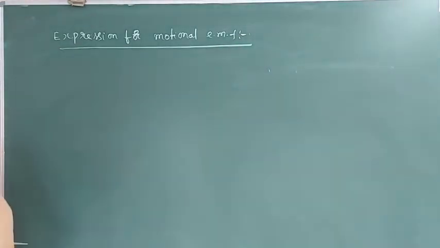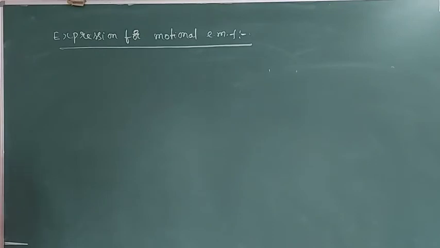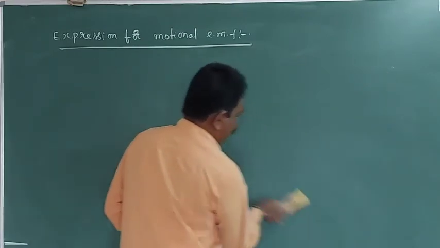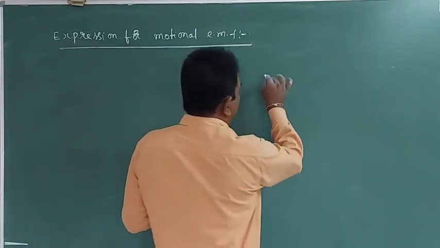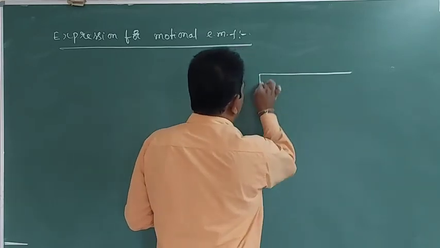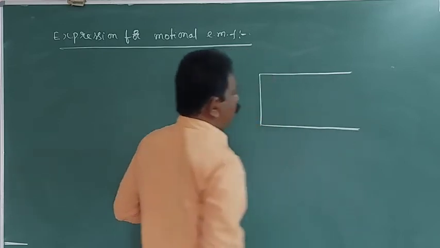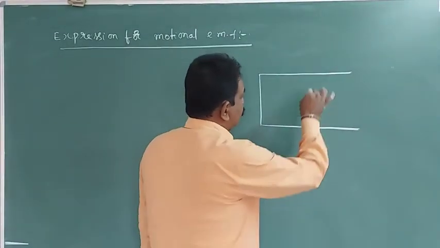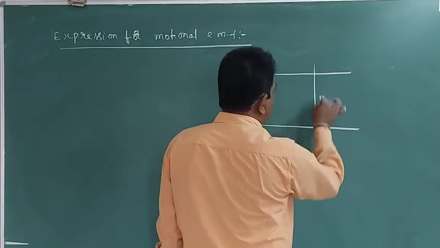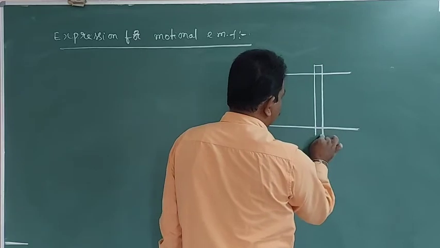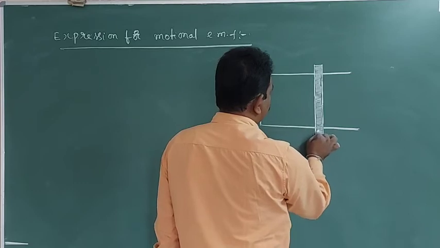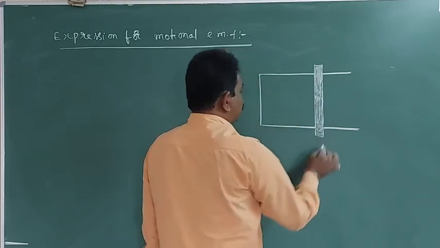Okay? For this, I am taking one U-shaped conductor. On that, I am placing one metal rod.